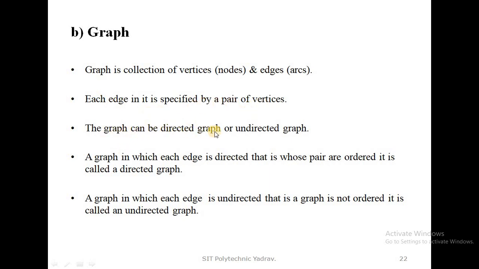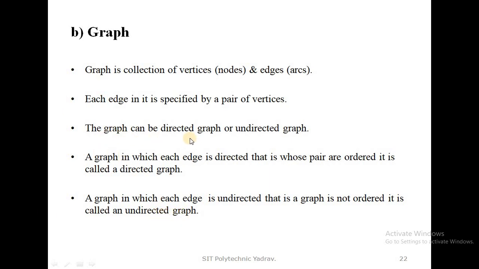A graph can be a directed graph or an undirected graph. A graph in which each edge is directed, that is whose pairs are ordered, is called a directed graph, and a graph in which each edge is undirected, that is not ordered, is called an undirected graph. Means what?